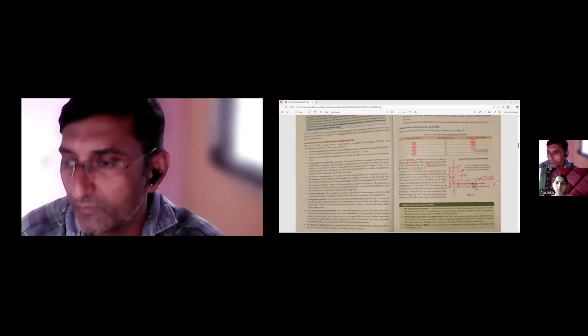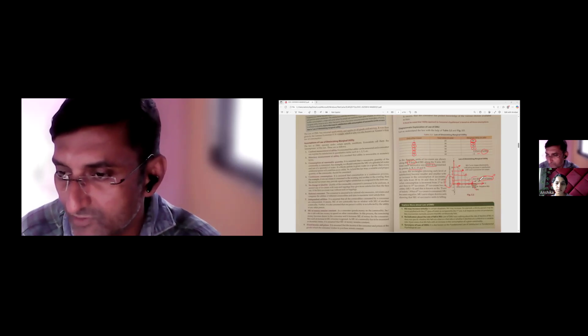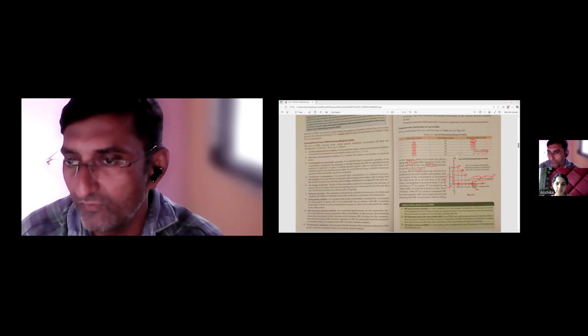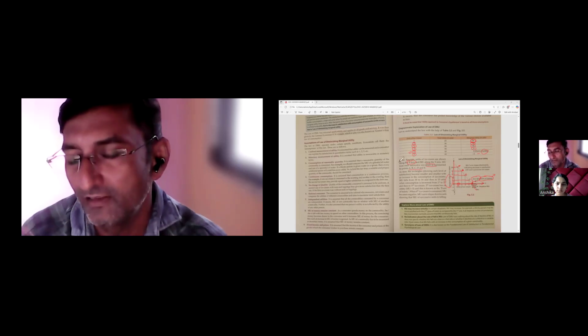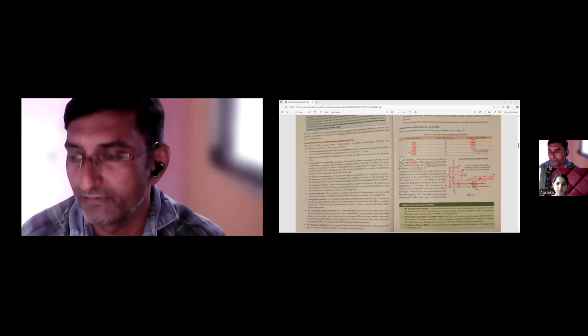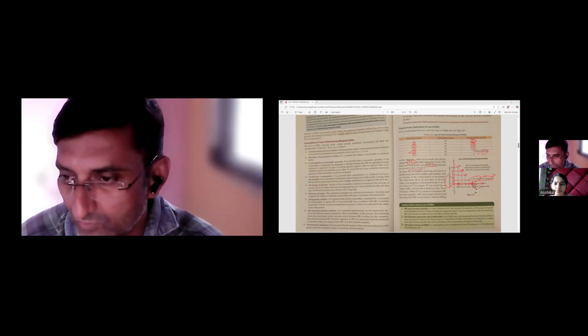If you remember this word, keep in mind 0 MU only. Your MU will become 0 at a certain level. So this point is called the satiety point as well as the 0 point, right? And this part is called the negative point, negative MU.